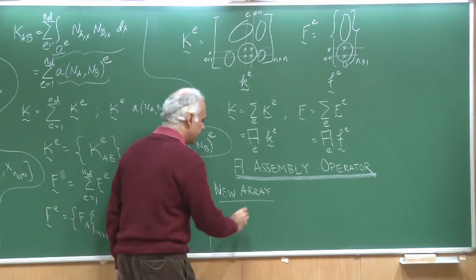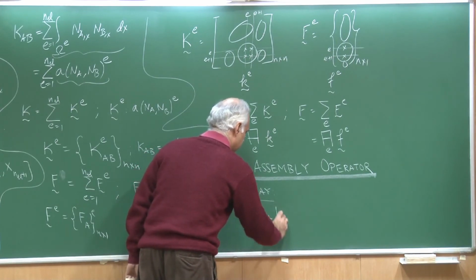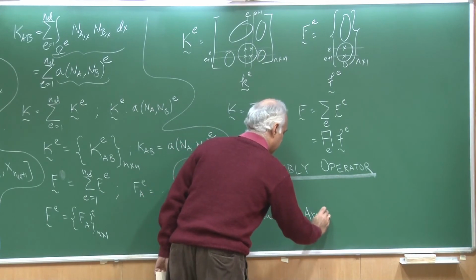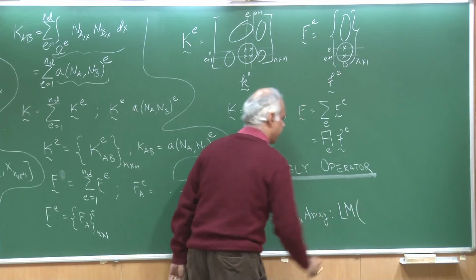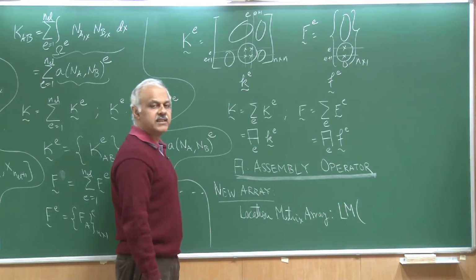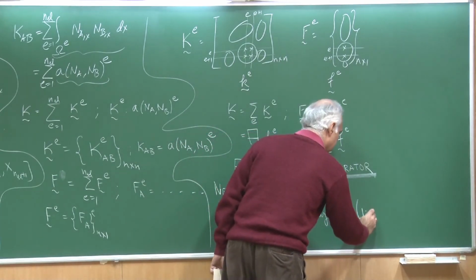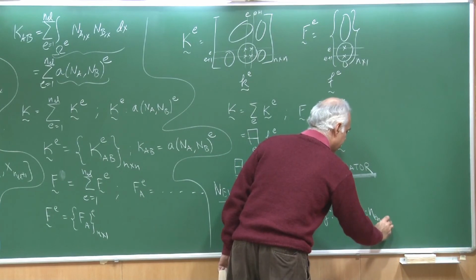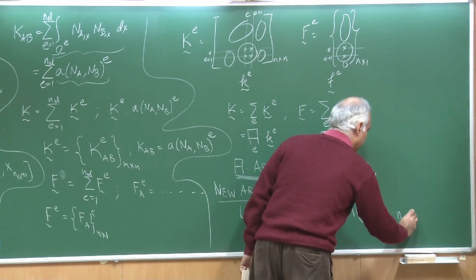This was known as the location matrix array, which is also called the LM array. This is a two-dimensional array, and the first index of it goes from 1 through NEN. The second index goes from 1 to the number of elements.